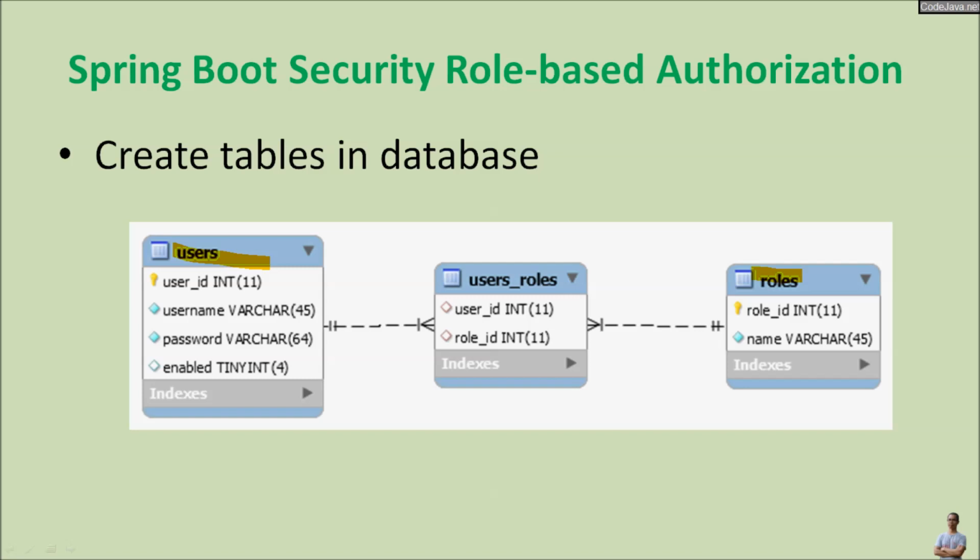And the third table is an intermediate table to eliminate the many-to-many relationship between the users and roles tables. This intermediate table has only two columns, user_id and role_id.